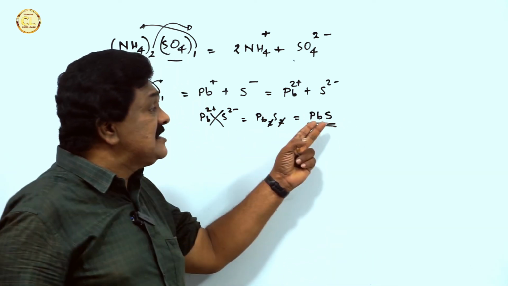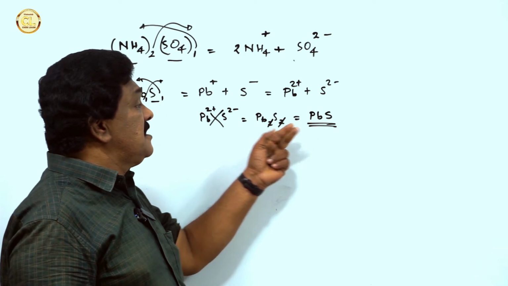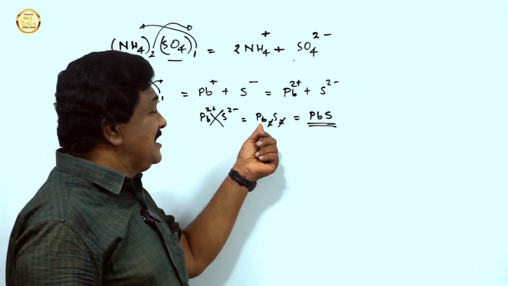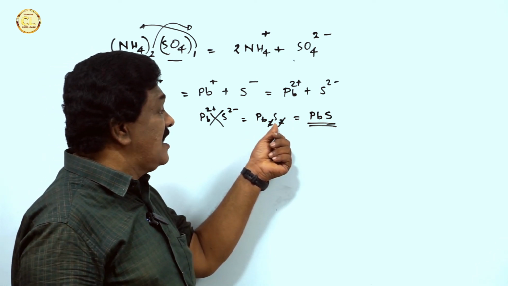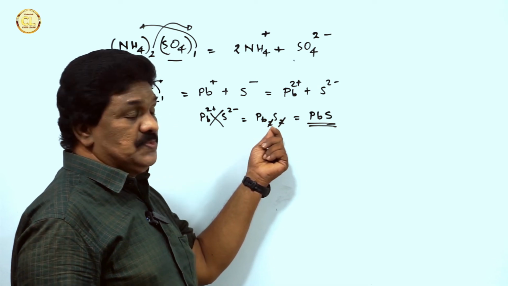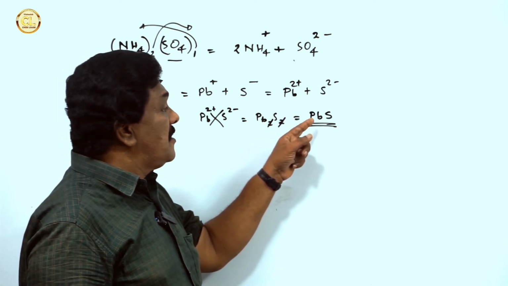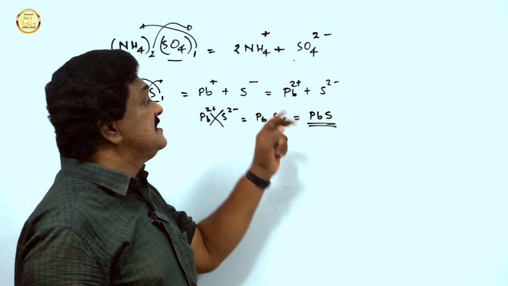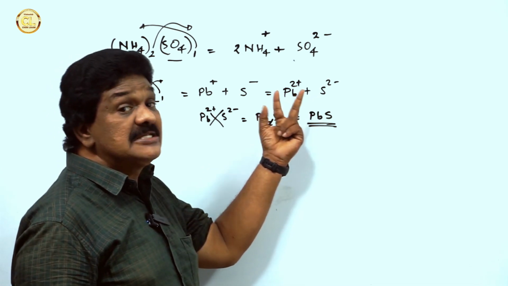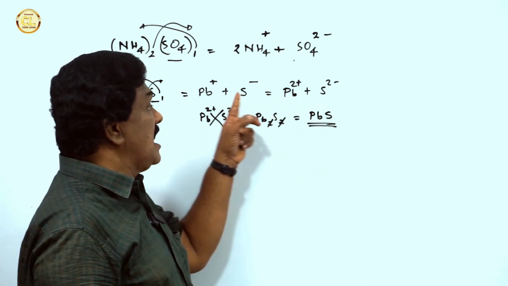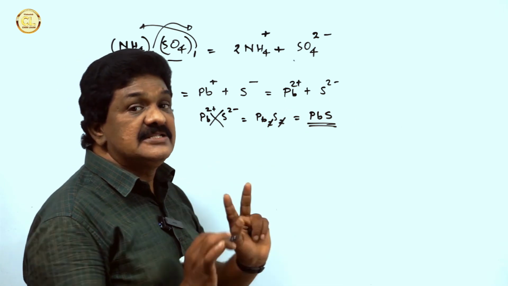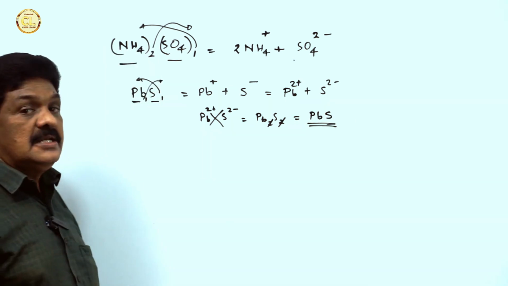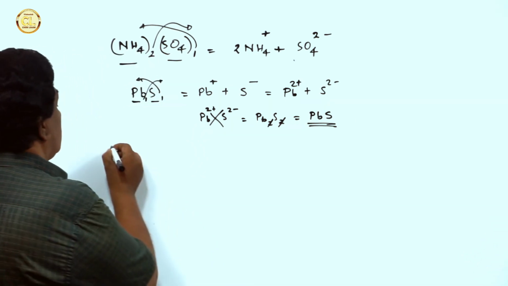So, PbS was formed by dividing the number of lead and sulfide ions by 2. While splitting PbS, they must be regenerated like this and not like this. It's very important.